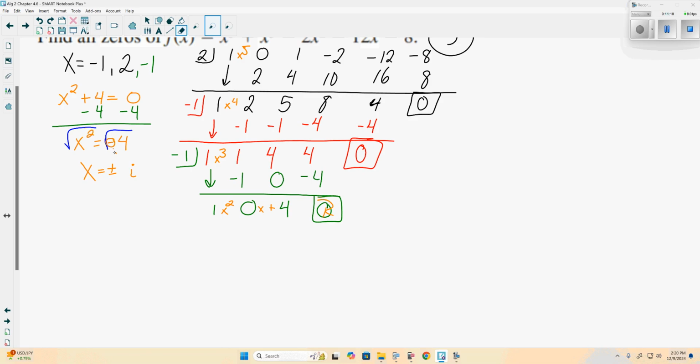So what that leaves us with finding is the square root of 4, which is 2. So it means our last two solutions are positive 2i, negative 2i. That's 2. We had 3 to begin with, giving us a total of 5, yes? Do we have all 5 solutions? Yeah.